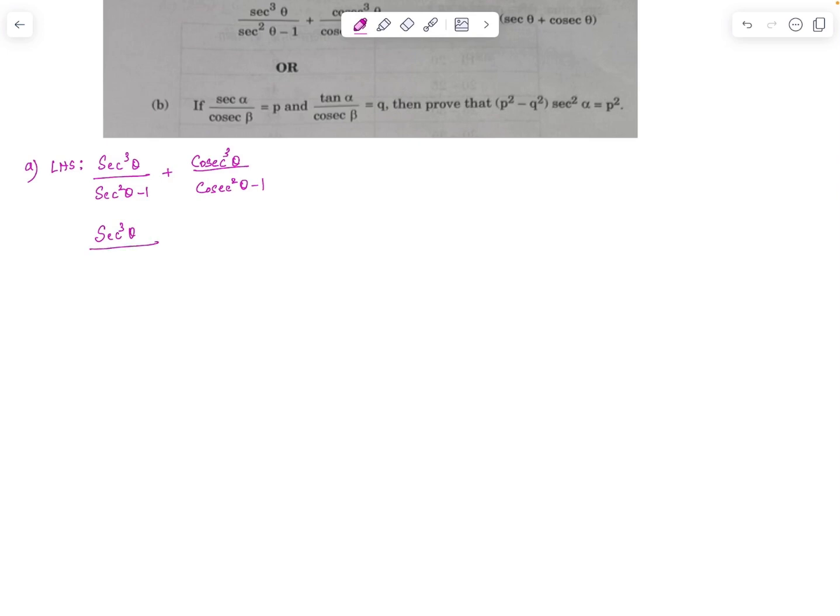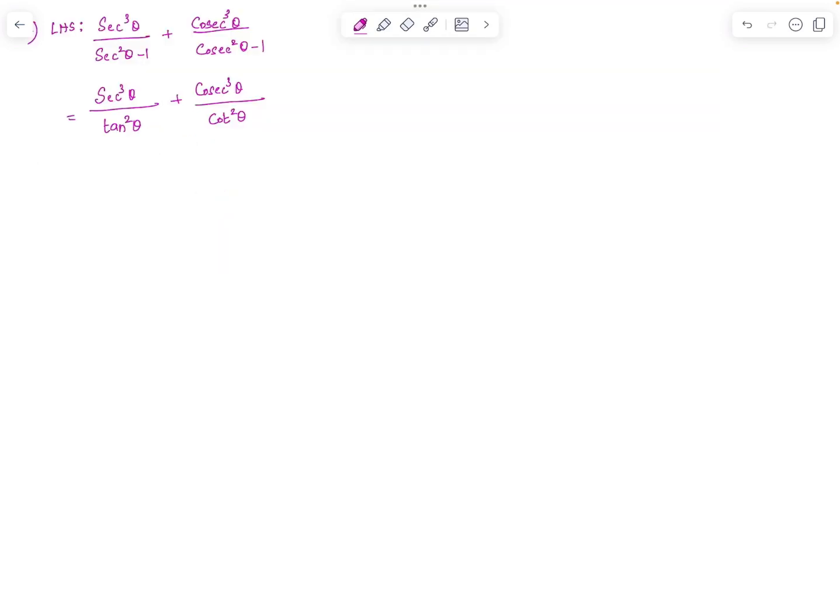Sec square theta minus 1 is tan square theta plus cosec cube theta upon cosec square theta minus 1 is cot square theta. I'm going to represent these quantities in terms of sine and cos. Sec cube theta can be written as 1 upon cos cube theta and tan square as sine square theta upon cos square theta, which goes on the numerator.